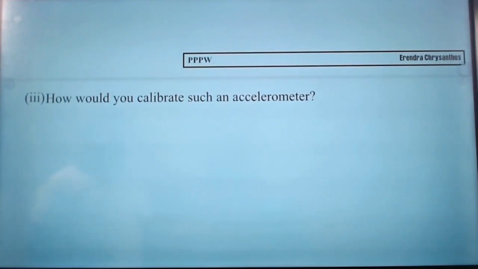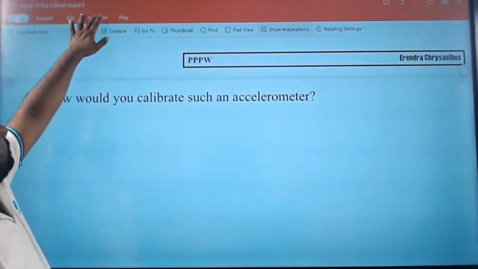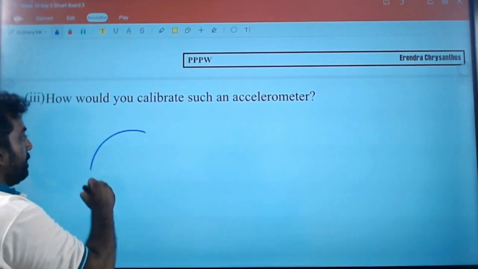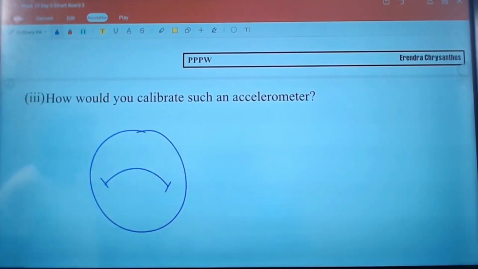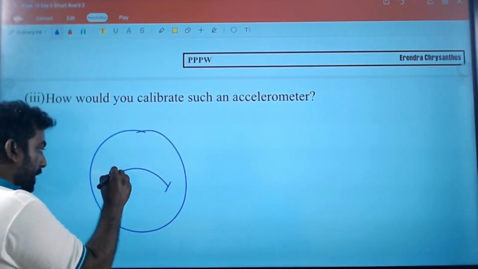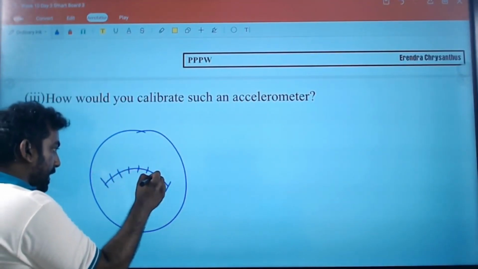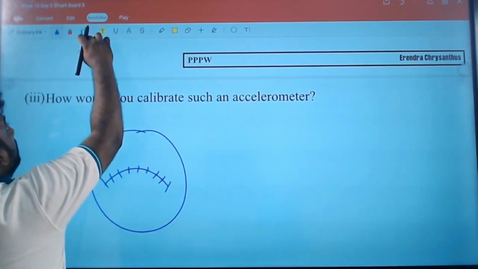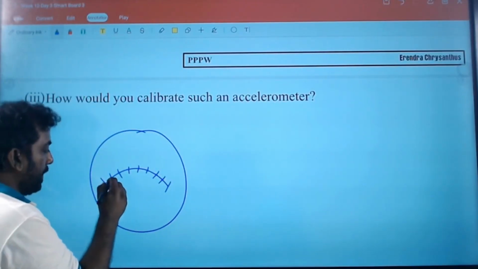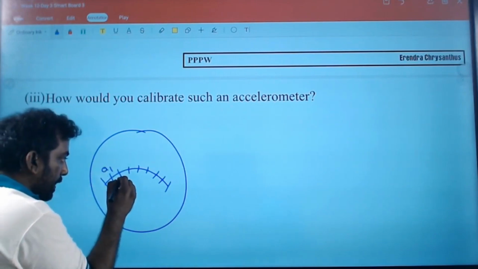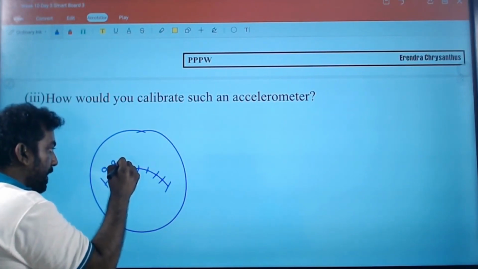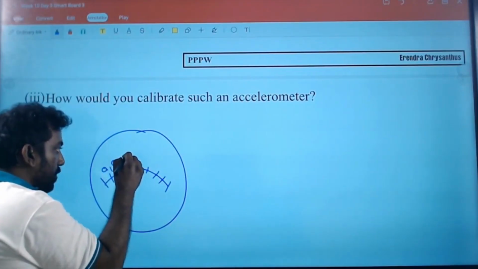How would you calibrate such an accelerometer? How do you calibrate? Each division in the voltmeter has a corresponding acceleration.